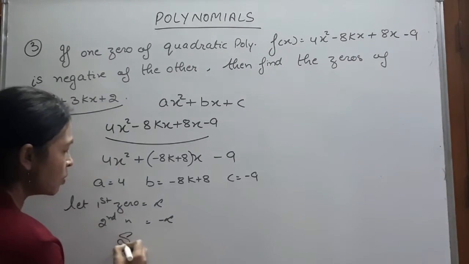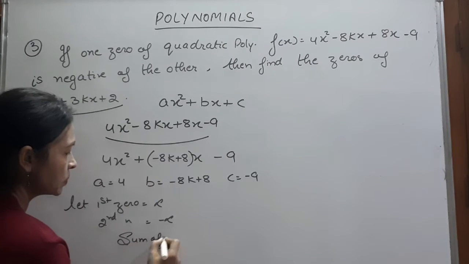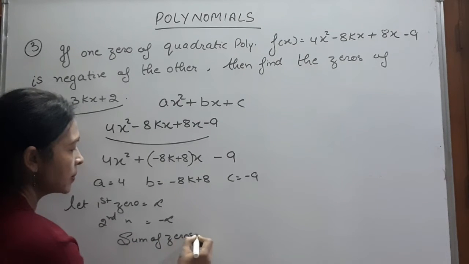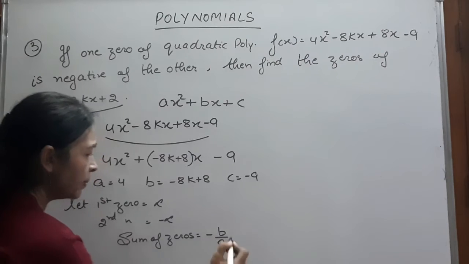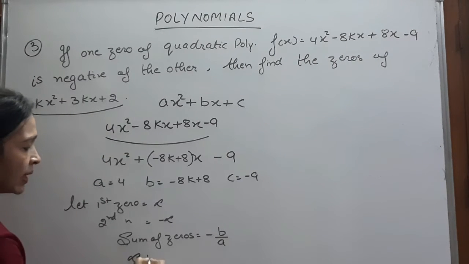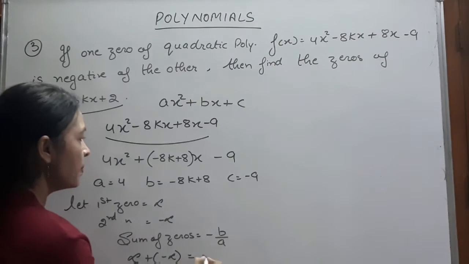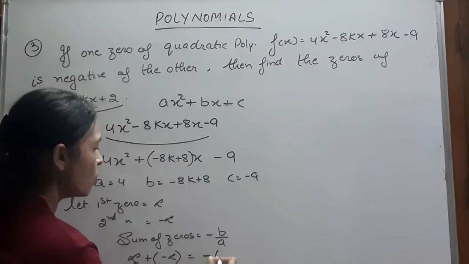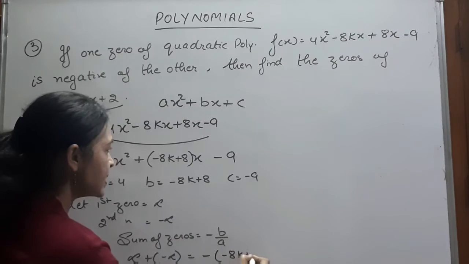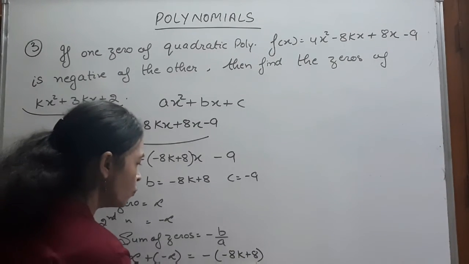Clear? What is the sum of zeros? The sum of zeros is minus b upon a. Our zeros are alpha and minus alpha, so the sum is minus of minus 8k plus 8 upon 4.